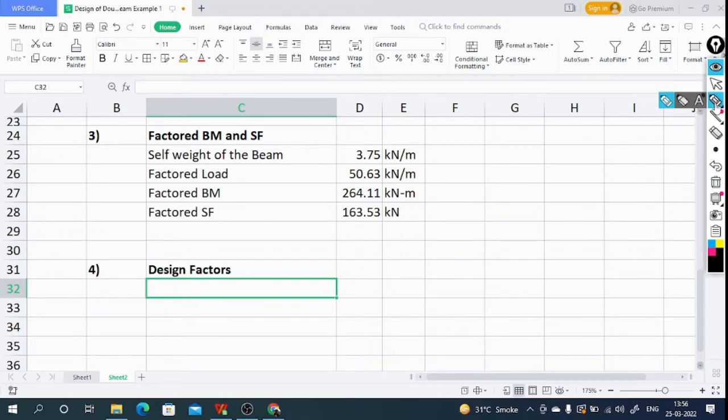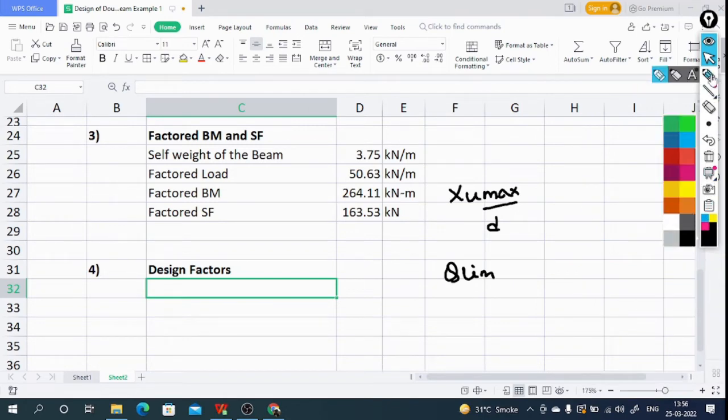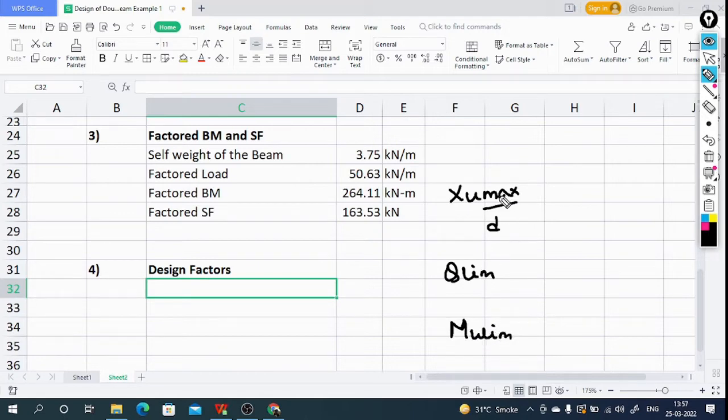Design factors are xu max by d, then you have Qlim, and then you have Mulim. xu max is the limiting depth of neutral axis, d is the effective depth of beam, Qlim is the moment of resistance factor for the limiting section, and Mulim is the moment of resistance for the limiting section.